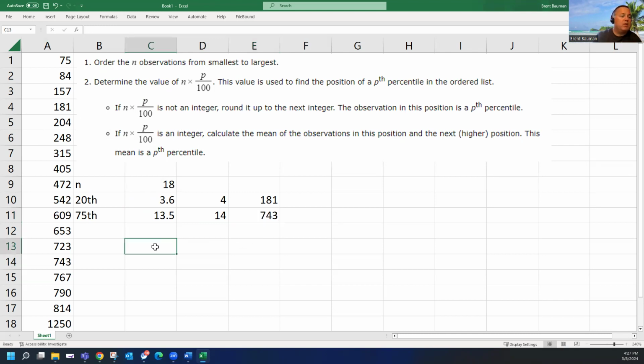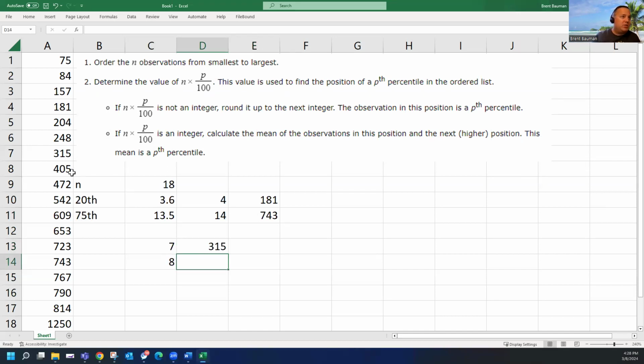Okay. All right, so let's just talk about the other case just so you have an idea of what it would look like. Say we did our calculation of n times p over 100 and we ended up with 7, a nice, clean integer. Well, we're going to calculate the mean of the observation in this position and the next higher position. So that would mean we would also be interested in the 8th position. In the 7th position is 315.